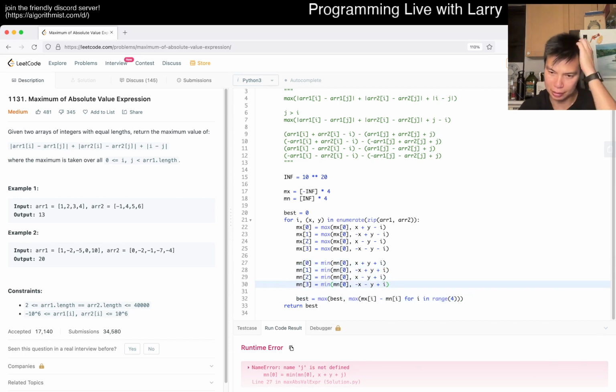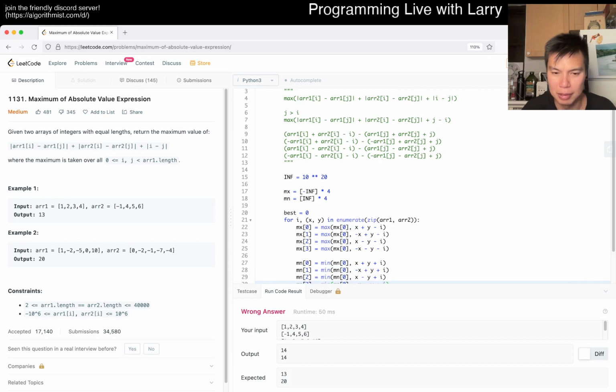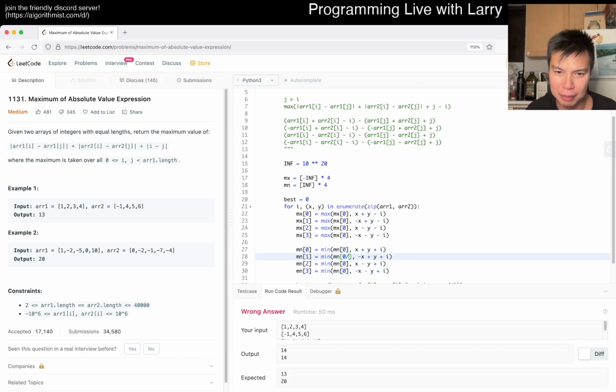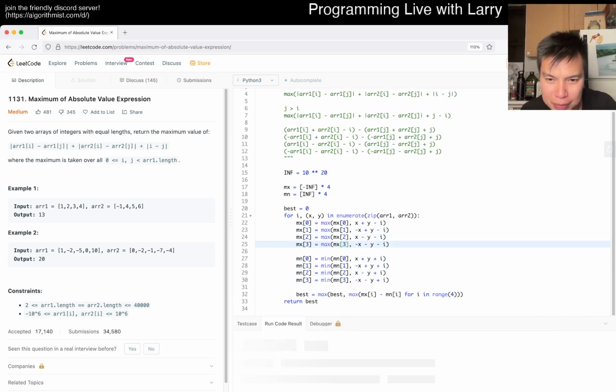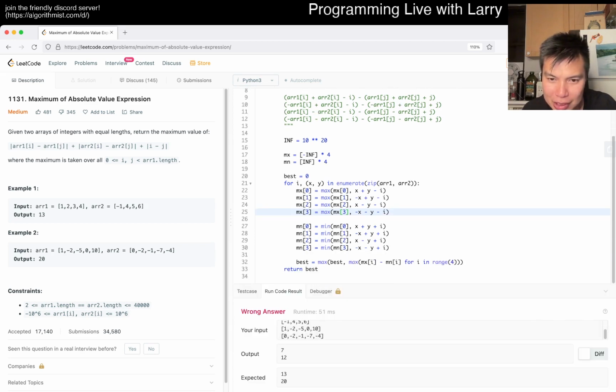We establish it. Is this right? I think this is right though, maybe. Max and min doesn't, oh, okay, maybe not. Oh, well, this is just a typo though, or copy and paste error. Hopefully this is right. Okay, this is still not right, which is now a little bit sadder.